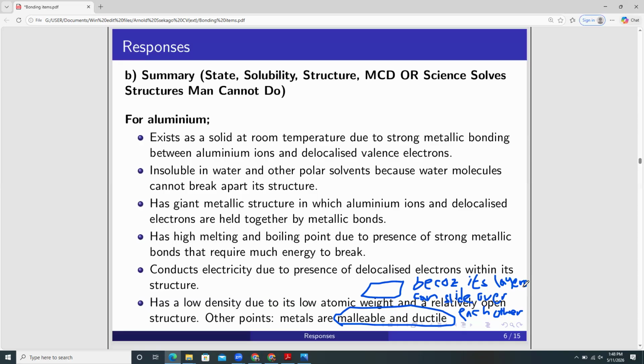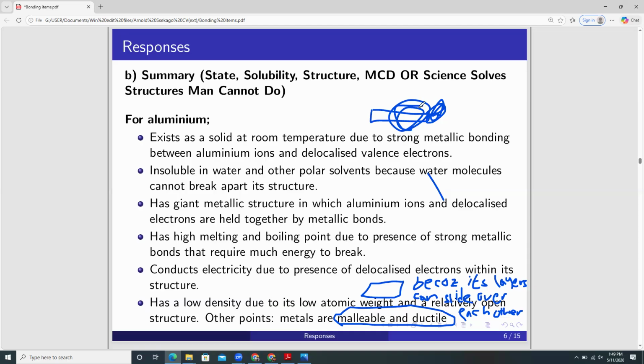Because when heat is applied to one end of a metal, if you have your metal like this, and you connect a heat source here on one side, within it we have electrons that will gain kinetic energy, and that energy is exchanged throughout this body so that the metal conducts heat.